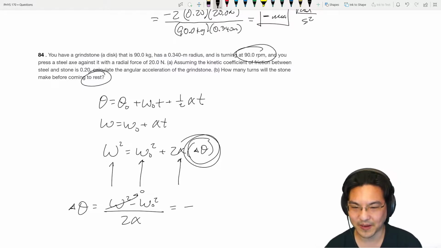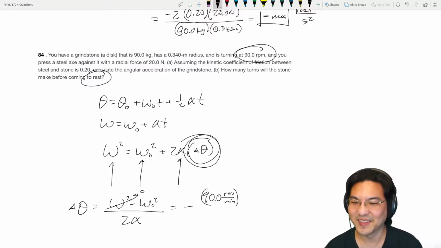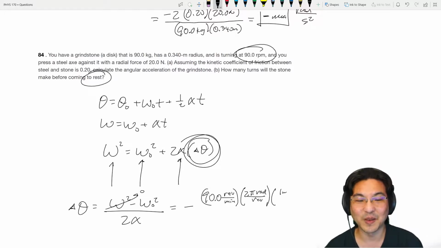So it's negative omega naught squared, which is 90 RPM. Already that is giving me some stress, because revolutions per minute, I don't like those units. So we have 2 pi radians per revolution, and 1 minute is 60 seconds.